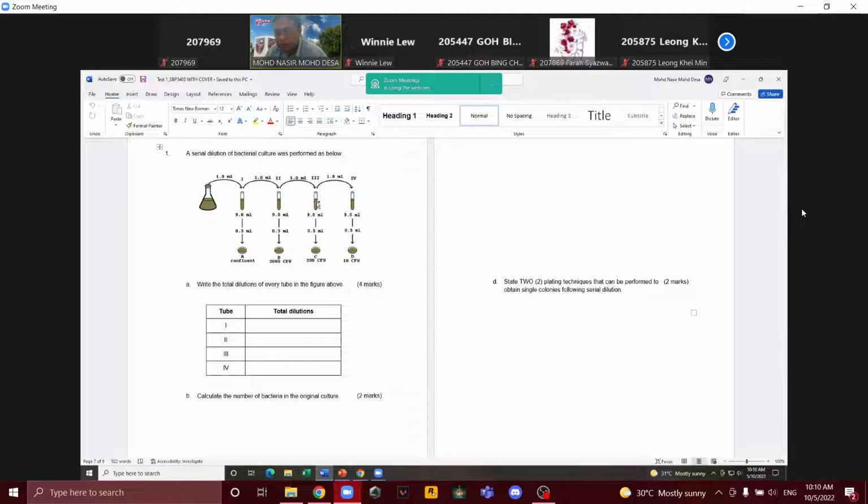Very straightforward, provided you are transferring 1 mL, because you are reporting as CFU per mL. But here, you are only transferring 0.5, not 1 mL. So you will have to do extra calculation so that at the end it will be normalized to become per mL.